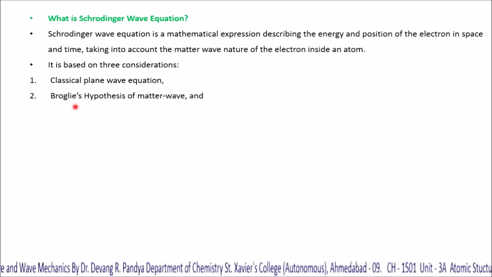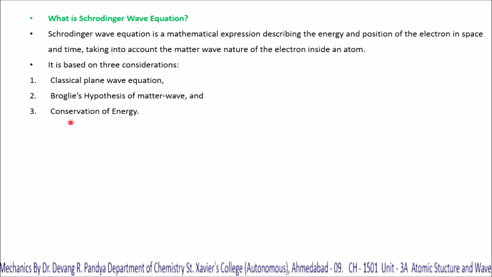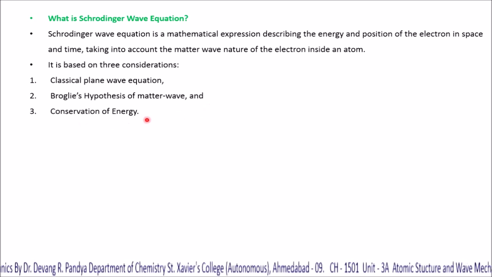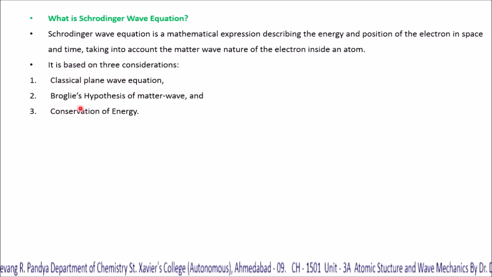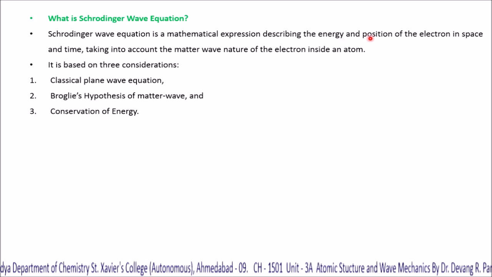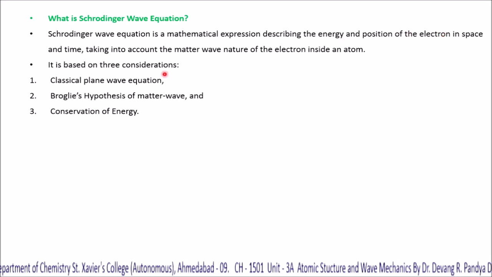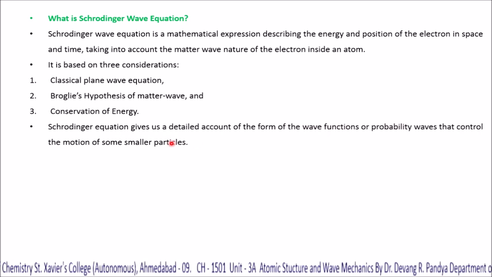Number two, de Broglie's hypothesis of matter wave. And number three, conservation of energy. On the basis of these three points, Erwin Schrodinger has given us a mathematical expression to define the energy and position of electron in space, to define the atomic structure in a proper way.